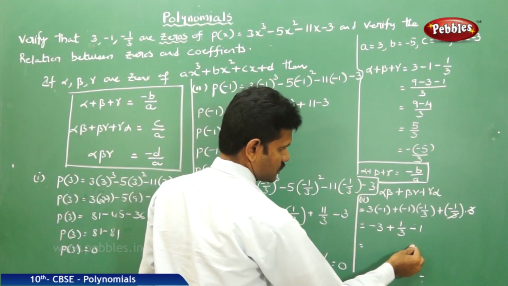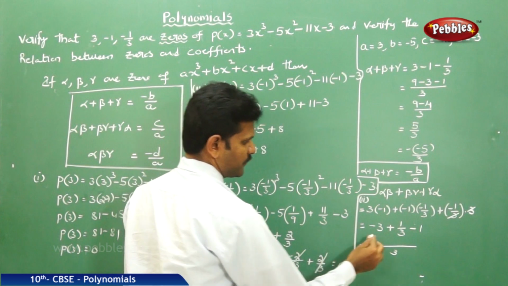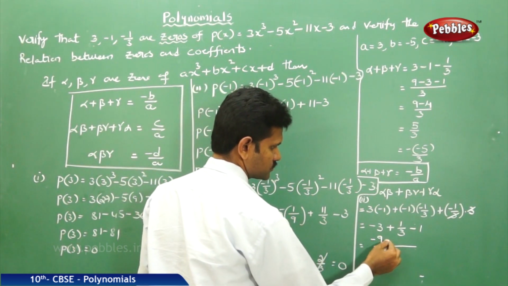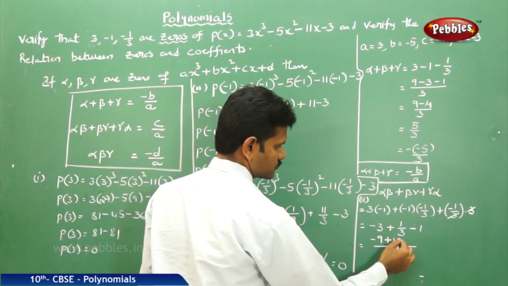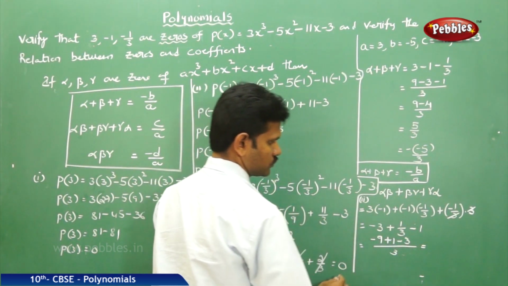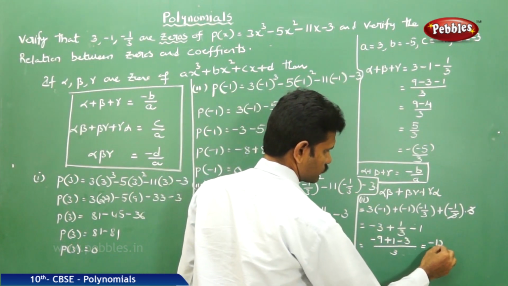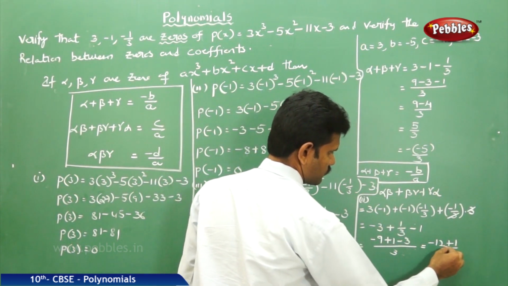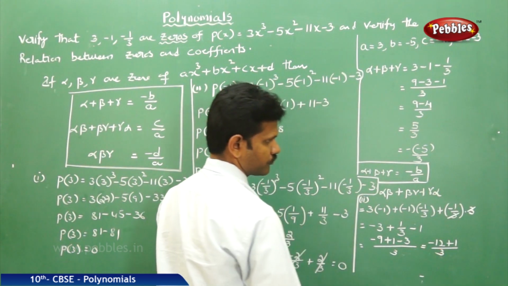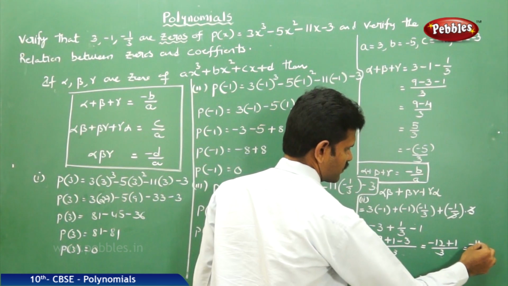That is, your LCM is 3. Let us simplify. Minus 9 plus 1 minus 3, which gives you minus 9 minus 3 is minus 12 plus 1 by 3, which gives you minus 11 by 3.